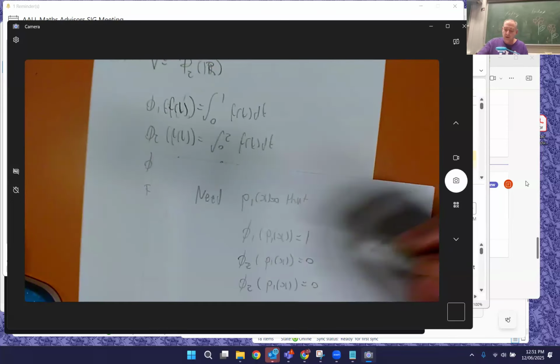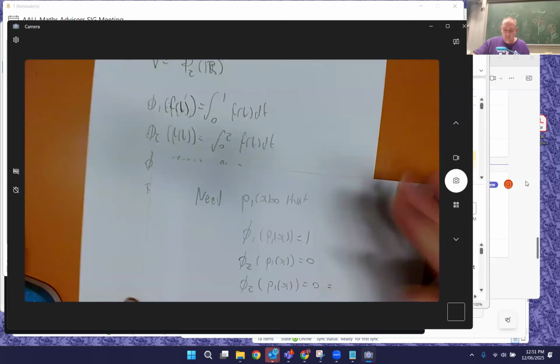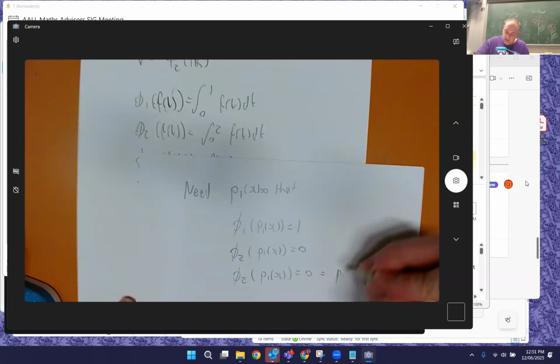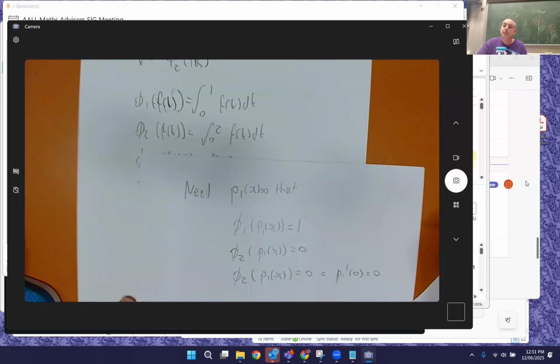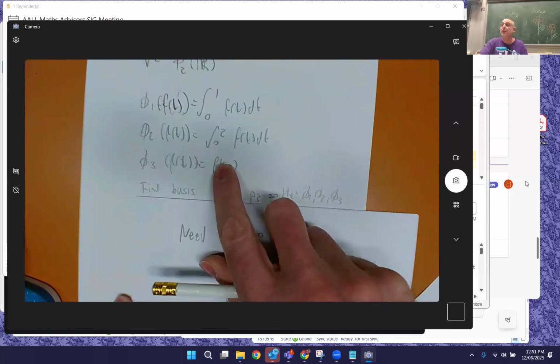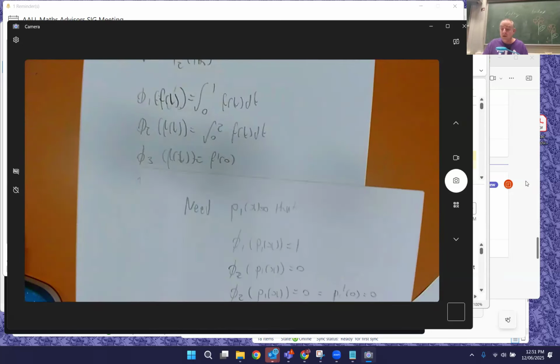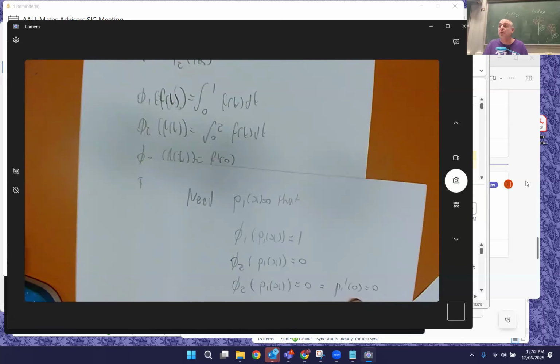So this means that I need P1 dashed of 0 to be 0, according to this definition here, which means that the x coefficient is 0.